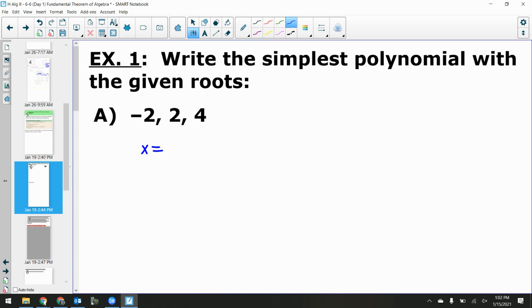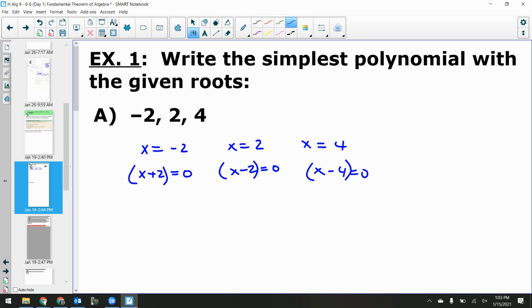I tell you that x equals -2. I tell you that x equals +2. And that x equals +4. That's what that means, right? And we know that if x equals those numbers, there's got to be corresponding factors that align with those roots. x plus 2, x minus 2, and x minus 4 are the factors that correspond to those roots.